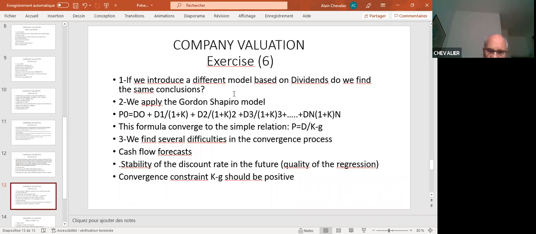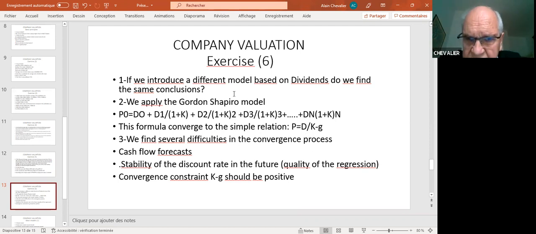Second, you also try to measure the quality of the regression. Very often in finance, we use regressions in many processes, many measures, and we have to be very careful about the quality of a regression. You probably remember that from your courses in statistics and quantitative methods. We are able to estimate very simply the quality of a regression line.